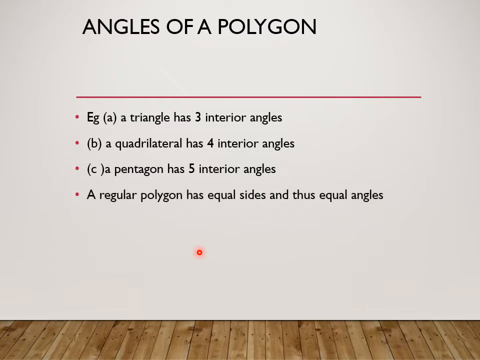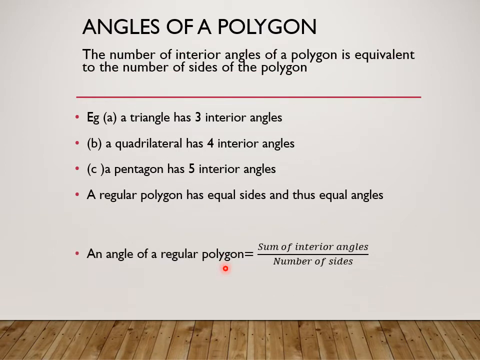A regular polygon has equal sides, and therefore the angles will be the same. So to get the value of the angles for a regular polygon, you take the sum of the interior angles and you divide by the number of sides.